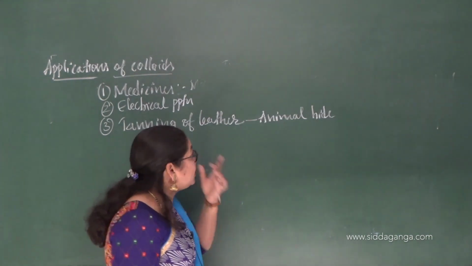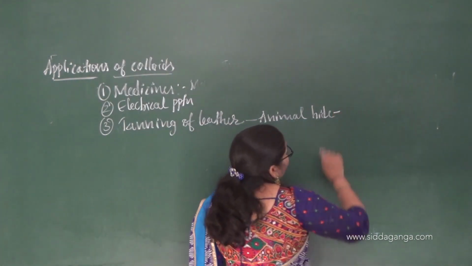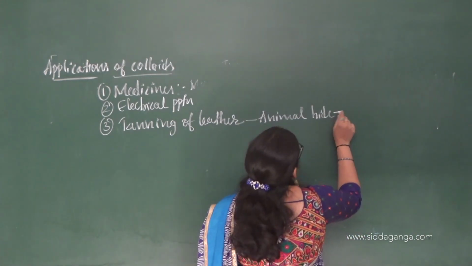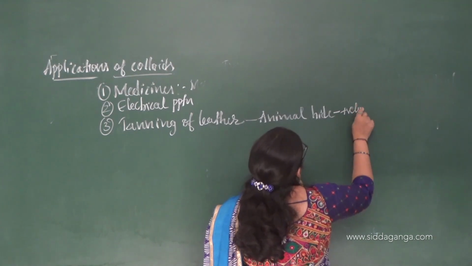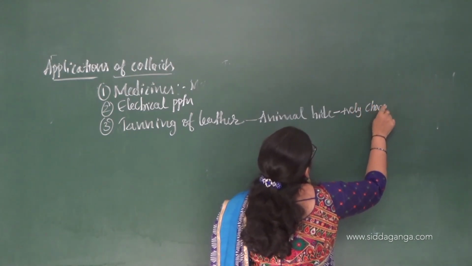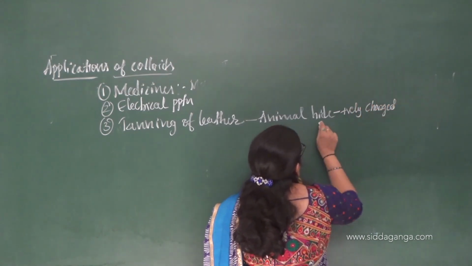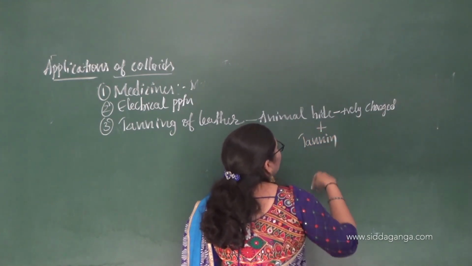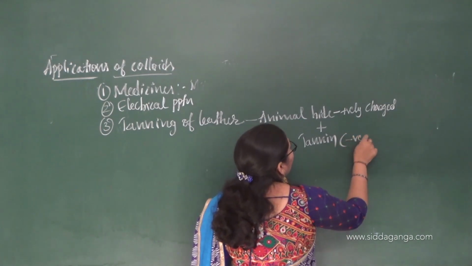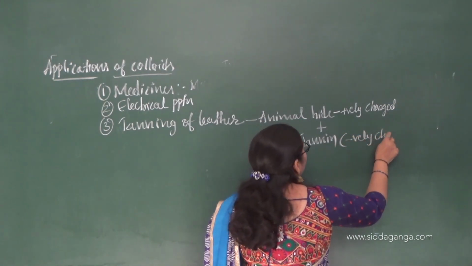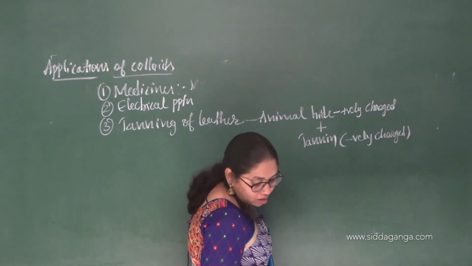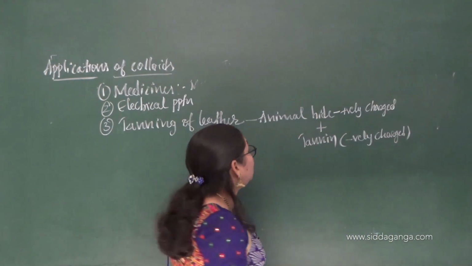What actually happens there? The animal hide is a positively charged colloid. When it is added to a chemical called tannin, which is negatively charged, precipitation takes place, or you can say mutual coagulation takes place.